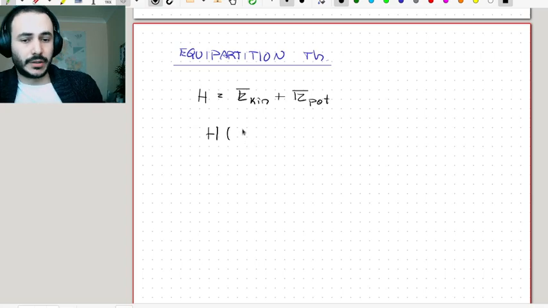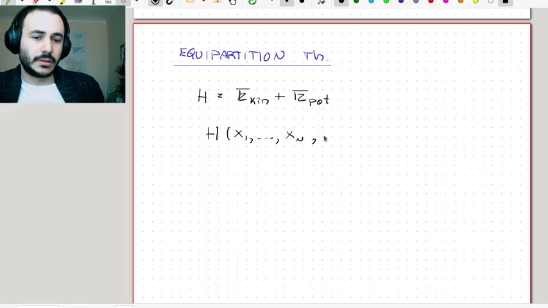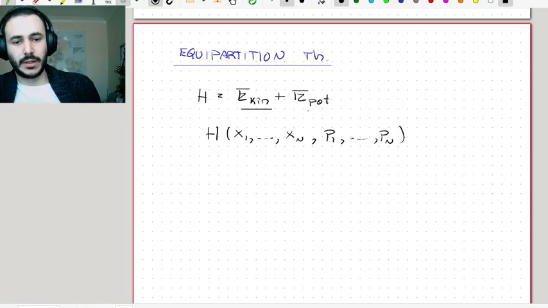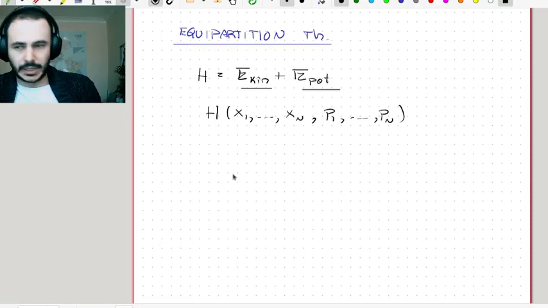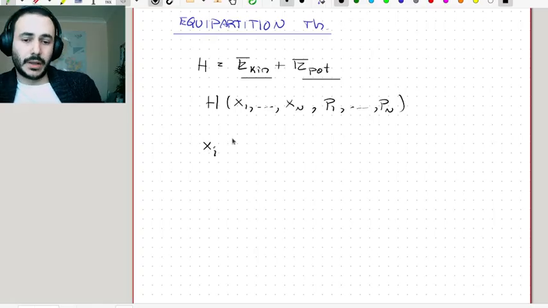It is a function of a set of generalized coordinates x1, x2, xn, and a set of corresponding conjugate momenta, p1, p2, pn. Okay, so that's the functional dependence of it, and it is kinetic plus potential energy. So what the equipartition theorem says is if your system is in thermal equilibrium, then this kind of thing holds.